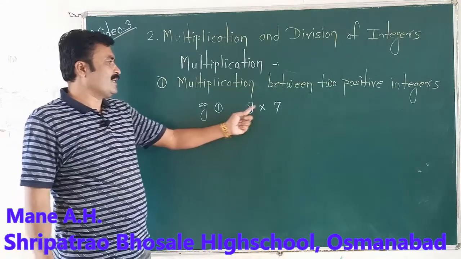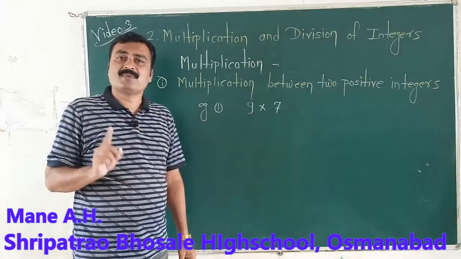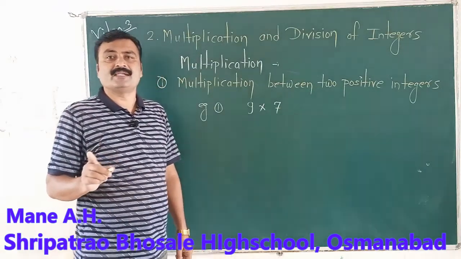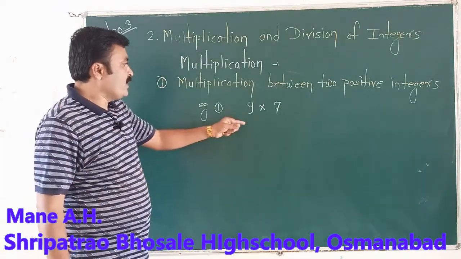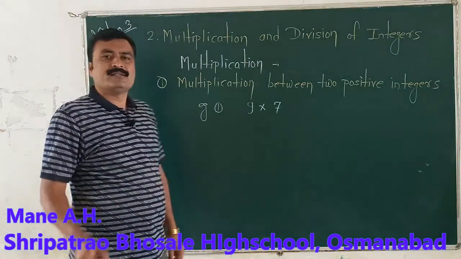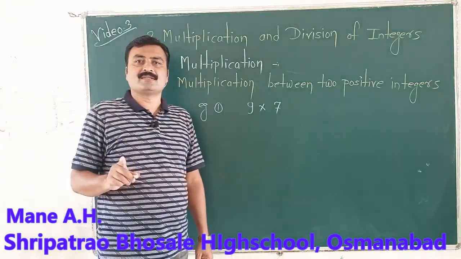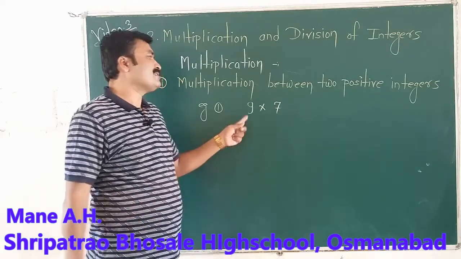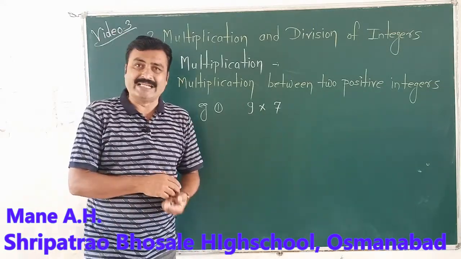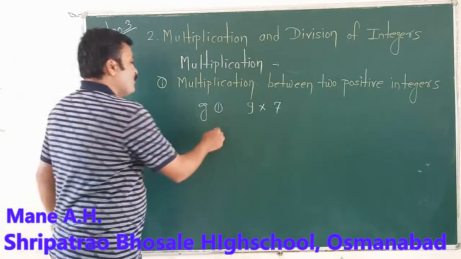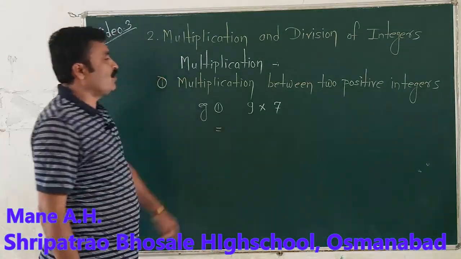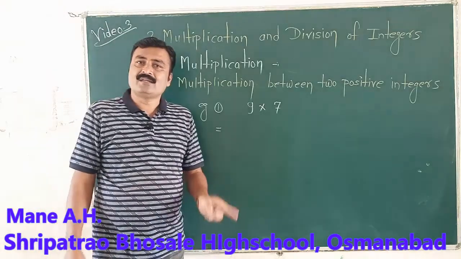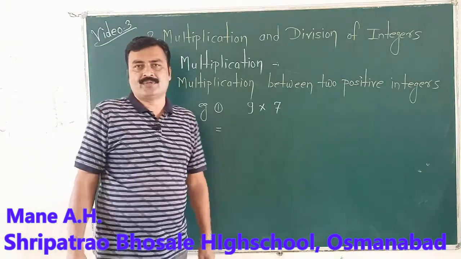While writing 9 and 7, here I am not using the plus sign. Now you can remember why I am not using the plus sign here: when we write a positive integer, there is no compulsion for writing the plus sign. So if you write any integer without a sign, then it is supposed to be a positive integer. So here, while taking the product of these two integers, first take the product of their magnitudes.